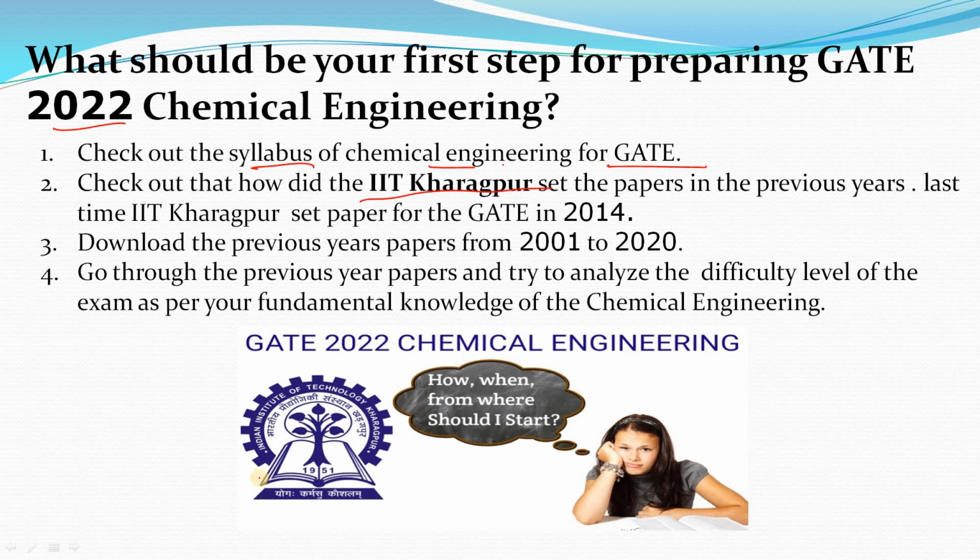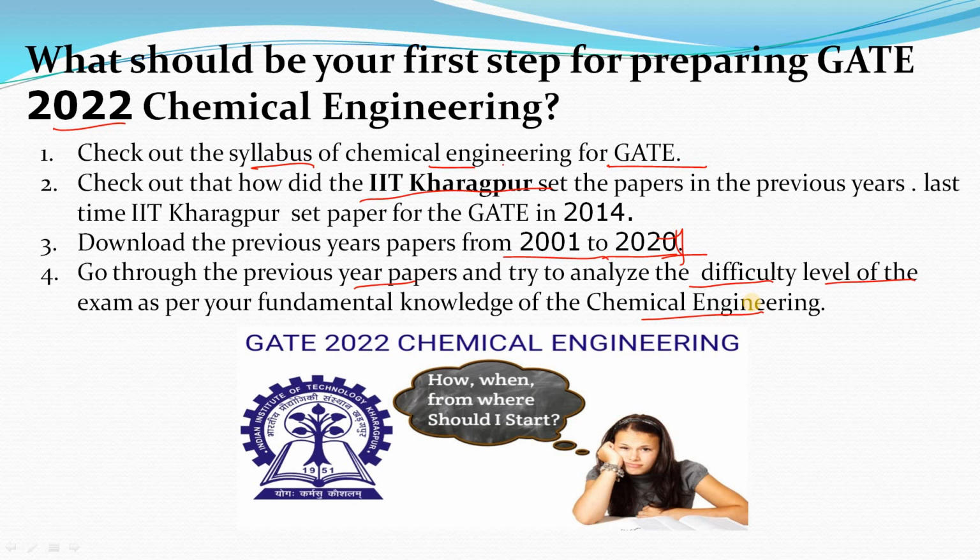And the third one is to download the previous year papers, from 2001 to 2021. Go through the previous year papers first, then try to analyze the difficulty level of the exam as per your fundamental knowledge of chemical engineering. What does that mean? It means you have studied chemical engineering from your third semester up to whatever semester you are in now.